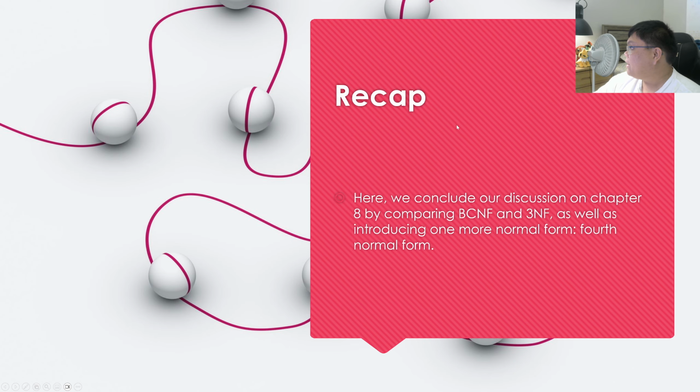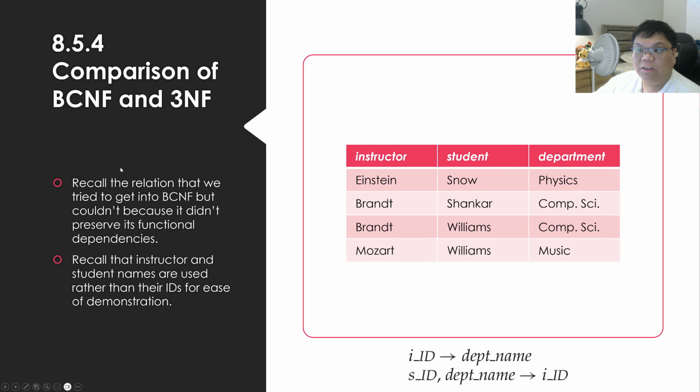So let's recap everything we talked about by comparing Boyce-Codd normal form and third normal form. Boyce-Codd normal form is a stricter version of third normal form, or put another way, third normal form is a weaker version of Boyce-Codd normal form.